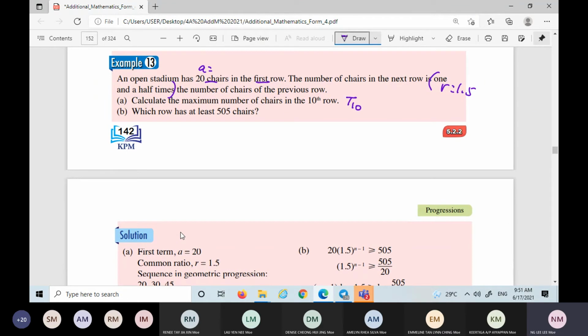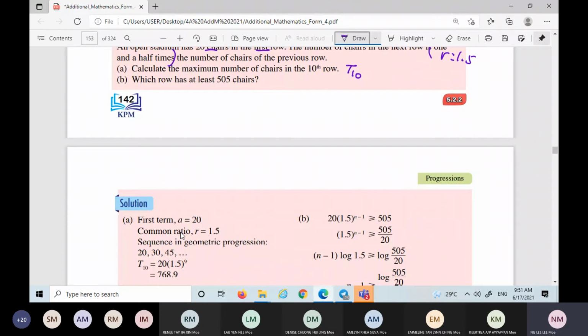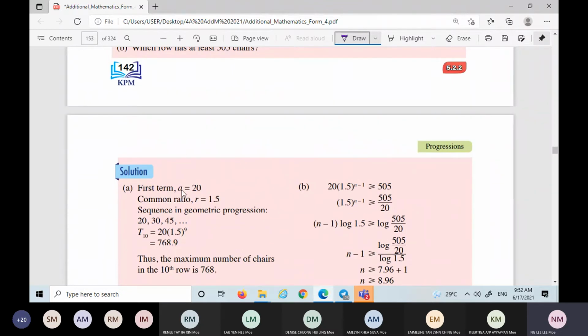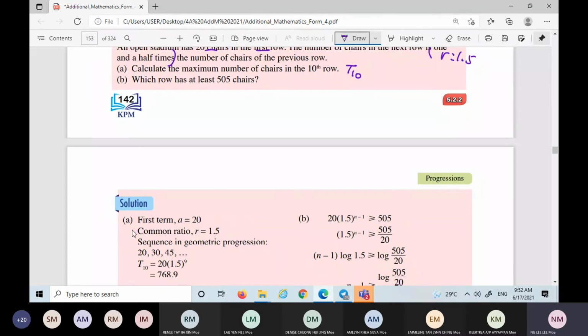So what is the maximum number of chairs? You may tell me, oh, I round off, because this is 0.9, then I round off and it will become 769. Cannot. I will tell you why. This one cannot round off, because the 768.9 means the most, maybe because of the constraint of the space or what.